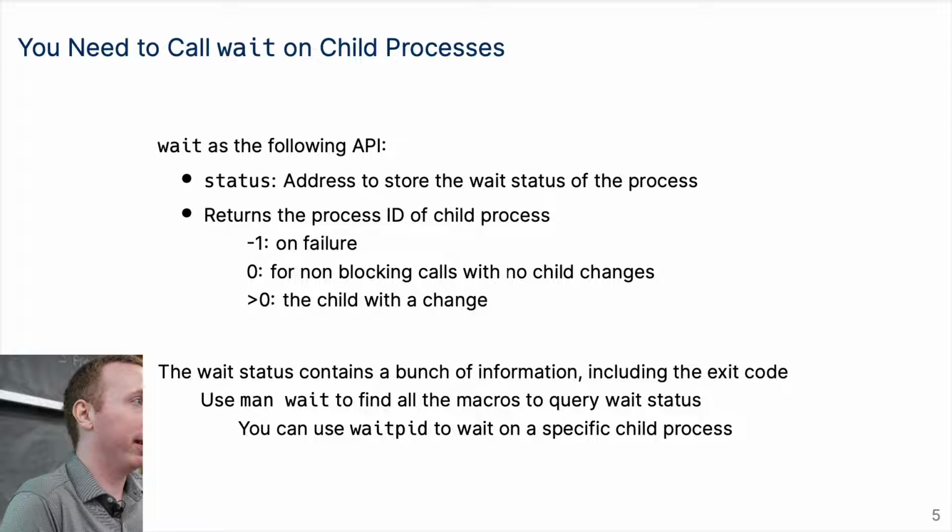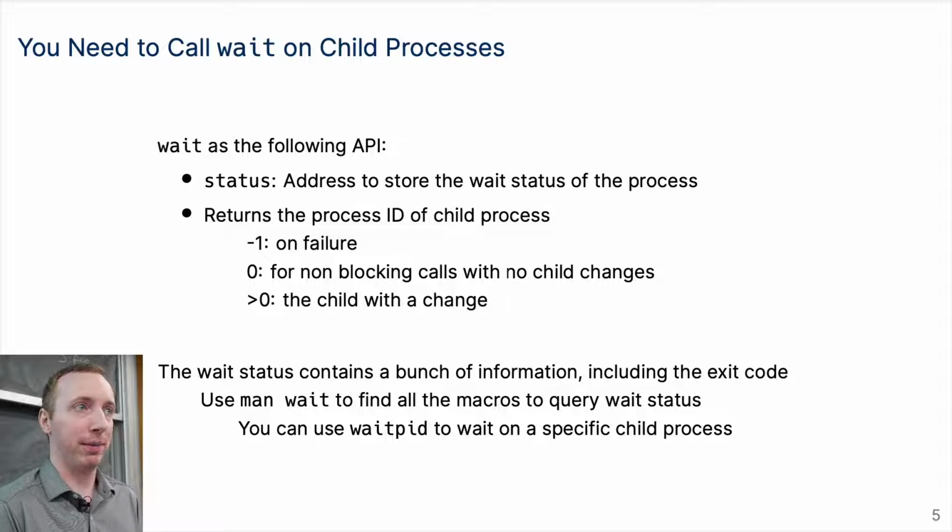So I just kind of said acknowledge without saying how to do it, and I like giving code examples and making things very clear. By acknowledge, people mean this system call called wait, and it has the following API, and there are multiple different versions of it.